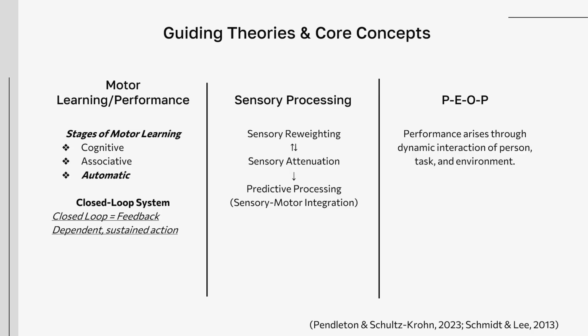And then there's the impacts on performance. Actually completing the task, in this case in post-stroke fatigue, leads to increased sensory processing, and this whole impaired sensory processing cycle of sensory reweighting, attenuation, and their impact on performance and predictive processing is just a self-fulfilling loop that continues to happen and drain energy so long as the task is continued.